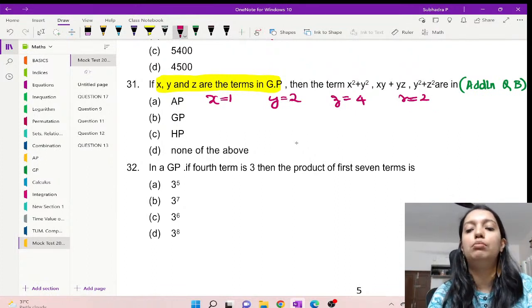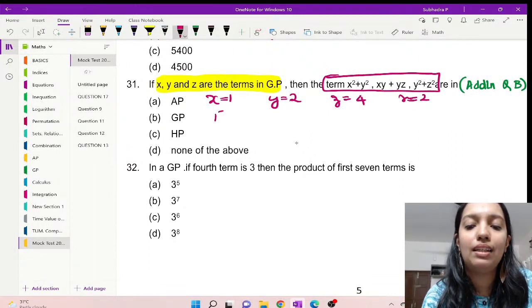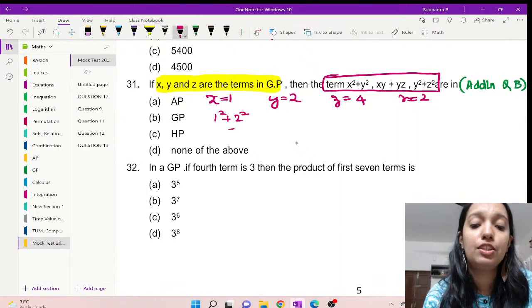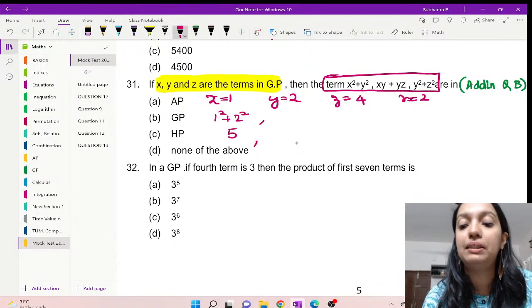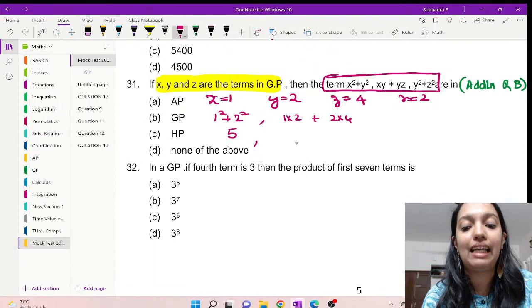If this is our assumption, now you have to rewrite this entire term. What is this? 1 square plus 2 square. So it is 1 plus 4, 5. This is the first term. Second, 1 into 2 plus 2 into 4. So this will be 2 plus 8, 10. This is the second term.